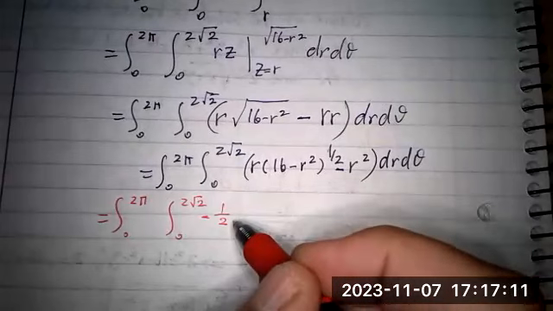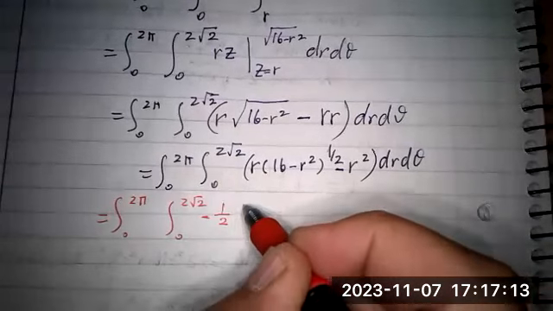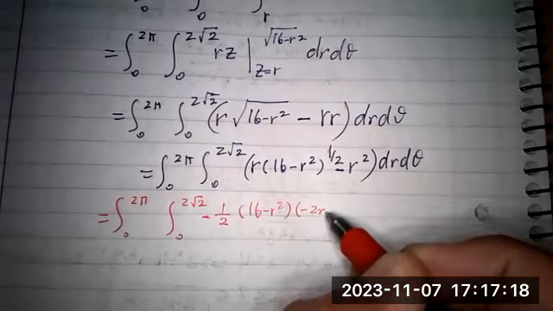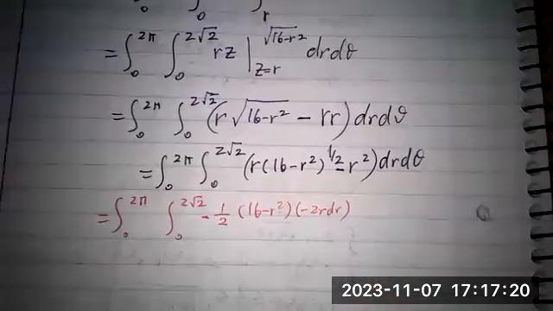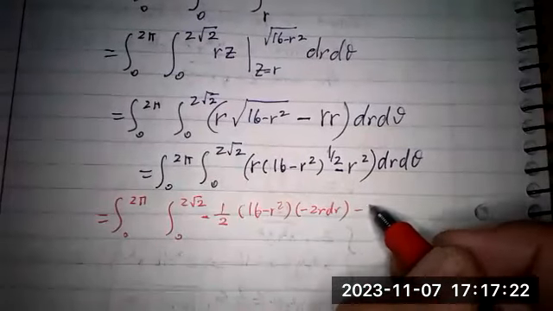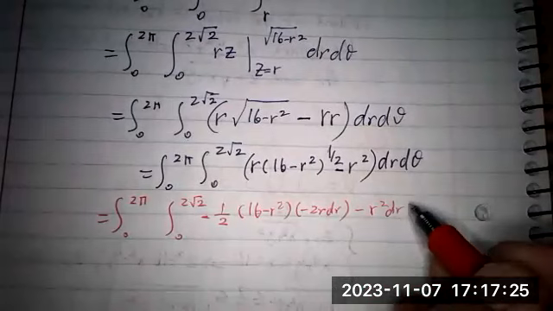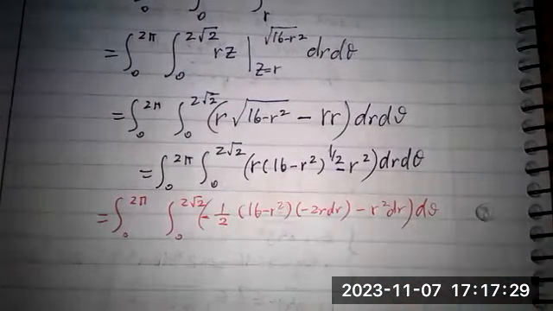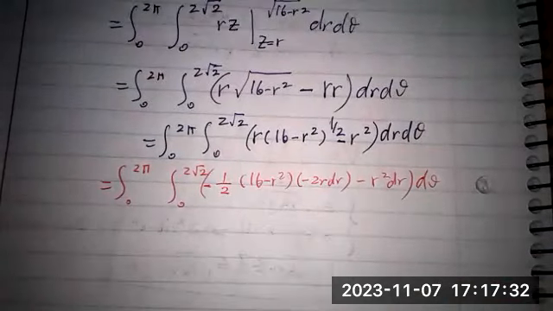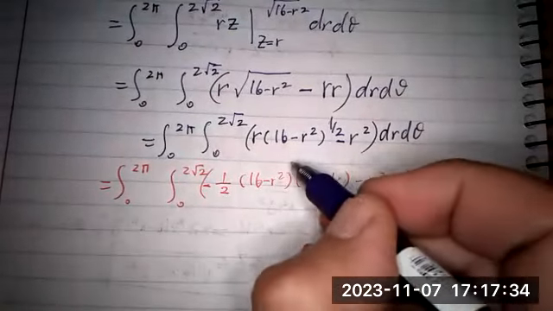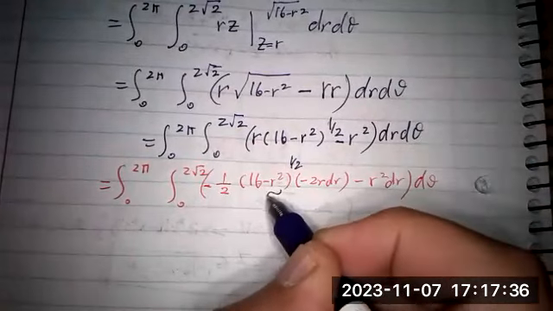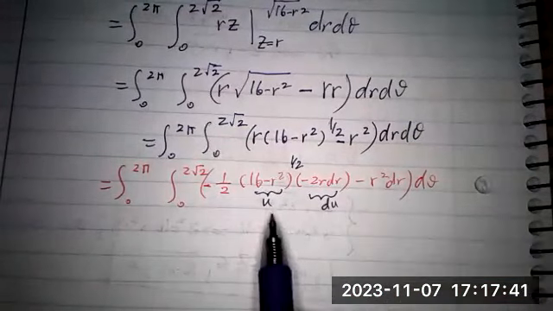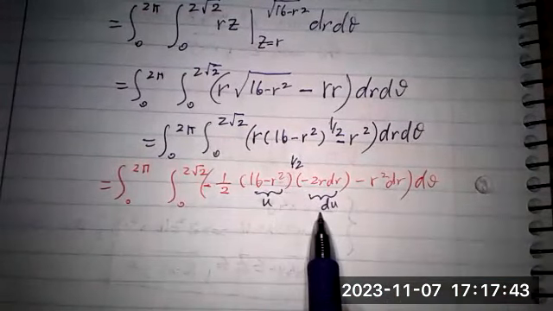This is going to be negative half, then 16 minus r squared, and this is negative 2r dr. And this is going to be minus r squared dr. If you don't like it, you can bring it out and then integrate it with u substitution. There is a 1/2 here. So this is going to be your u, and this is going to be your du. So this would be the integral of u to the half du.